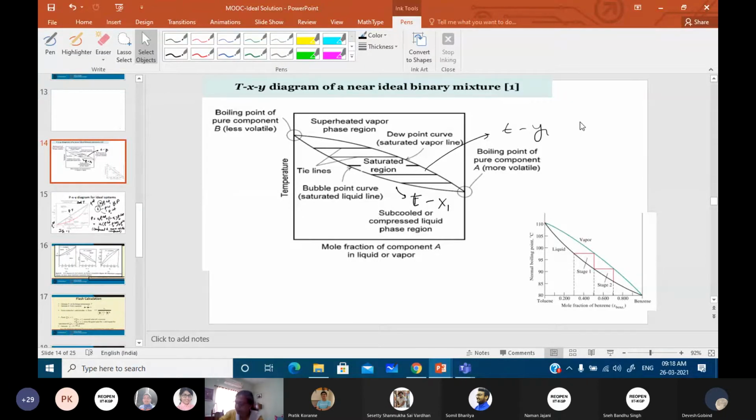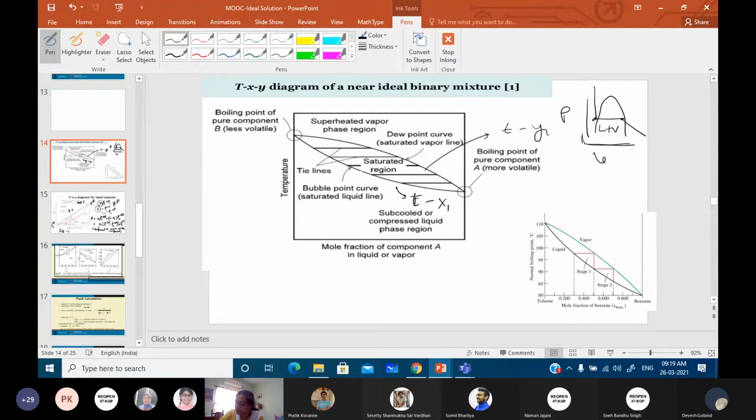If you just remember the PV diagram, we had started with an isotherm, and then we get something of this sort. So this is the superheated vapor region. This is the two-phase region where the liquid at the saturated condition is in equilibrium with the vapor at the saturated condition.